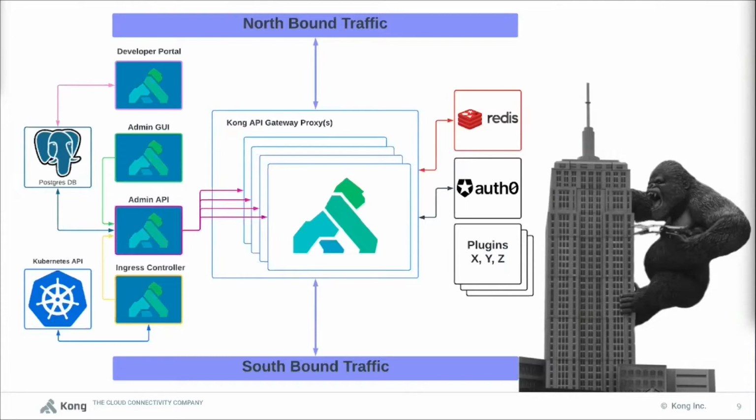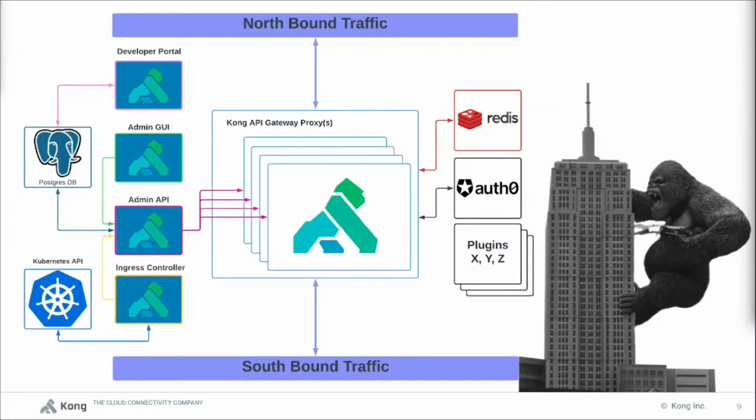So starting from the top, on the left side of this diagram, we have that developer portal. And we went into detail about that well enough. So let's move on to the admin GUI. The admin web UI is a visual representation and interactive model for observing and managing the configuration of Kong.